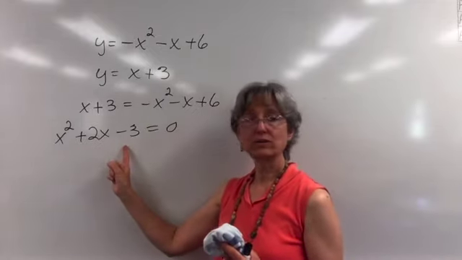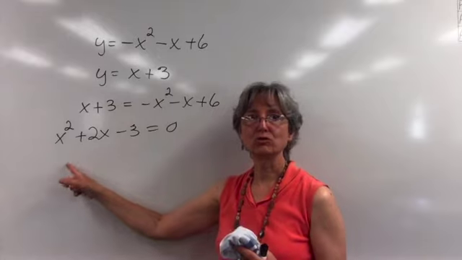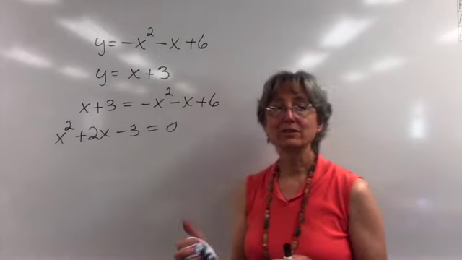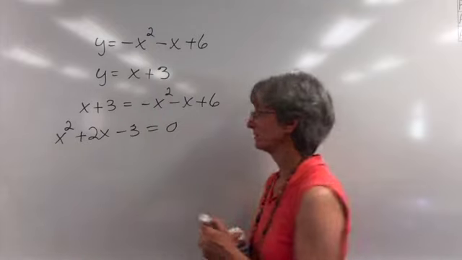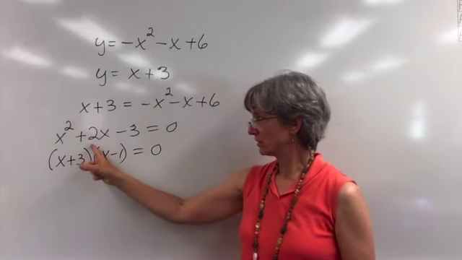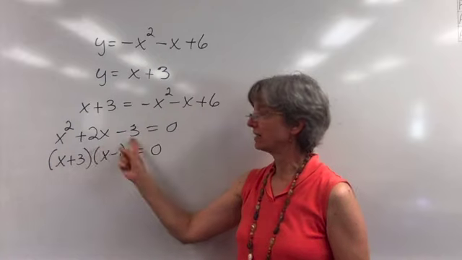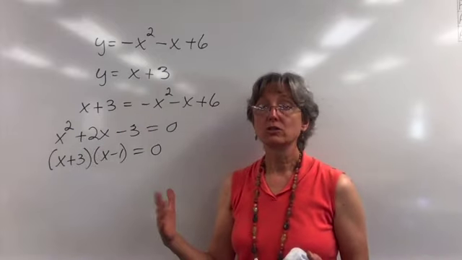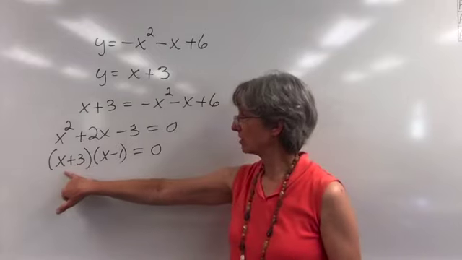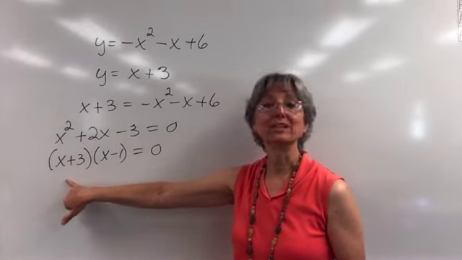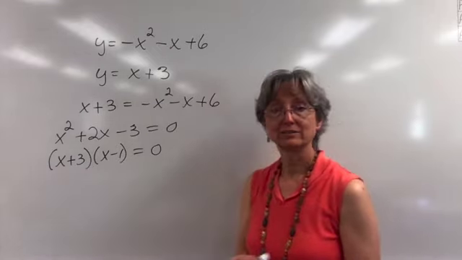Are there two factors of negative 3 that add up to 2? And there are. This factors to be x plus 3 times x minus 1. 3 minus 1 is 2, and multiplied, negative 3, it works. So those are my factors. So what are my solutions? This one is negative 3, this one is 1.